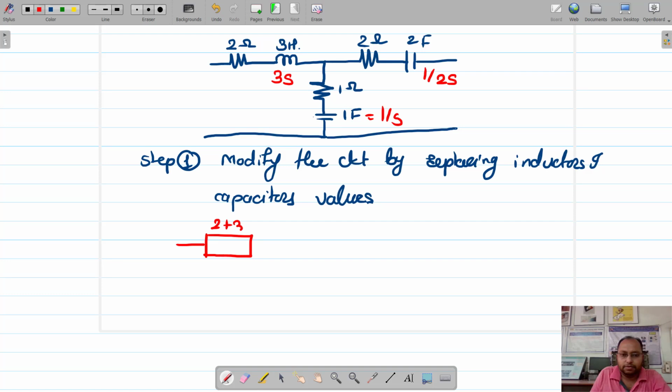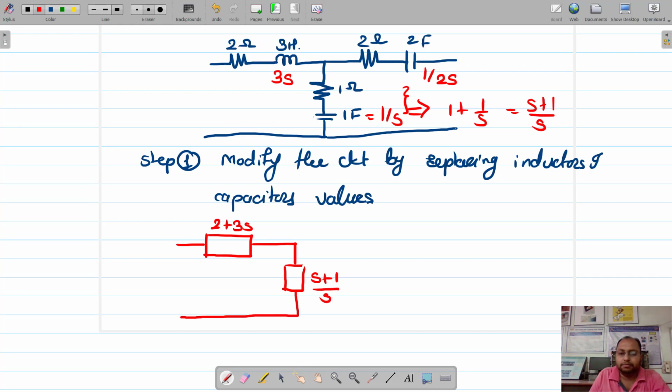Then let us draw the circuit diagram like this. 2 plus 3s now over here. This is nothing but 1 plus 1 by s, and it is nothing but s plus 1 divided by s. So I'll write it over here, s plus 1 divided by s directly. And this one, what about this?